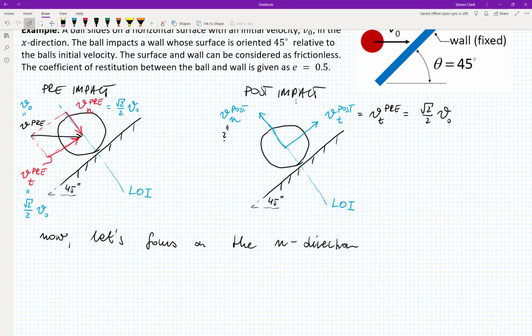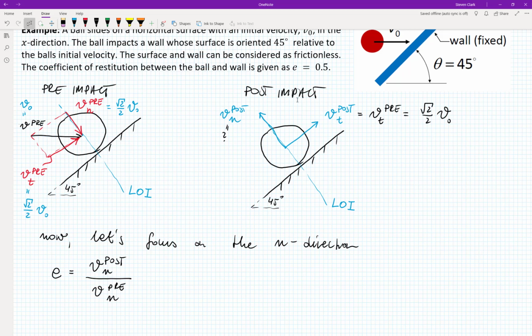Here, I'm just going to go for this definition of coefficient of restitution: e is equal to V post n divided by V pre n. This formula is a simplified formula we already saw in this discussion. I just simplified it because this is just an impact against a wall that is fixed. So our wall is motionless regardless of anything.